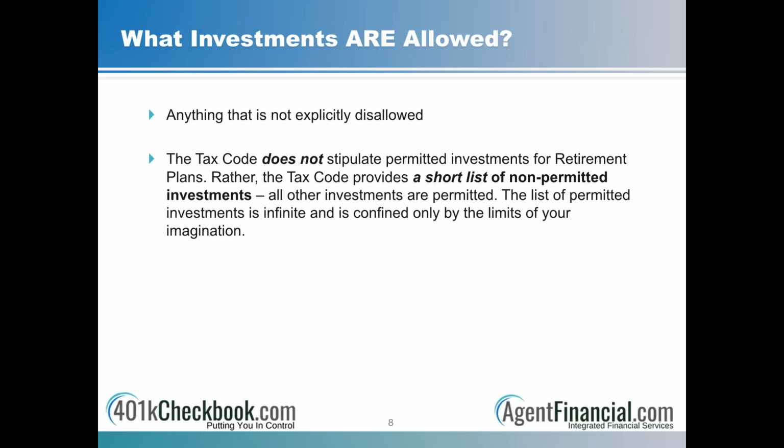It's not as if Fidelity is relying on some chapter or section or subchapter of the tax code that says something about using IRAs for mutual funds. The tax code says the same thing about mutual funds as it says about real estate, which is nothing. It's silent. The tax code does not stipulate. Rather, there's a short list of non-permitted investments. Everything else is allowed.